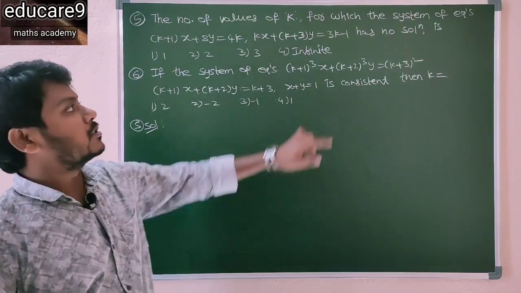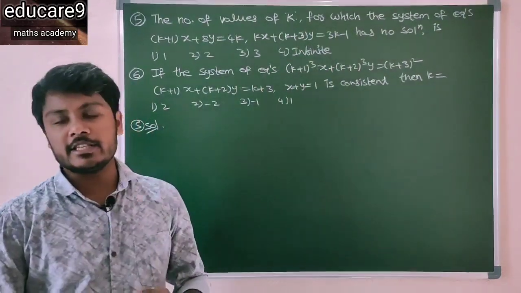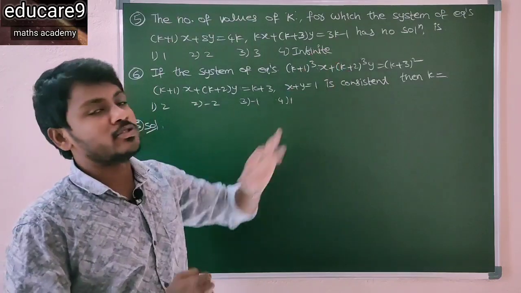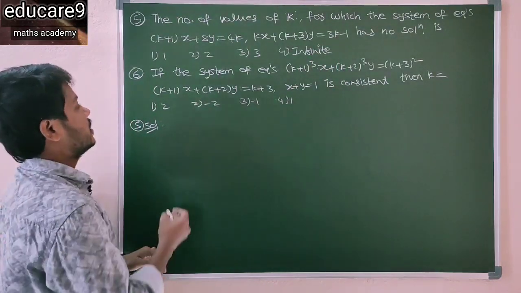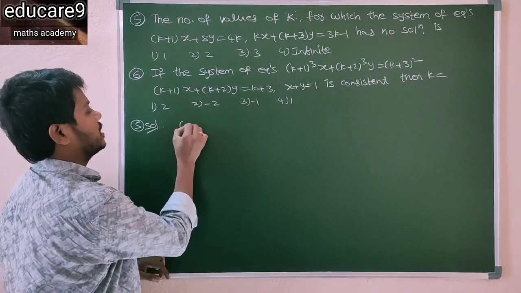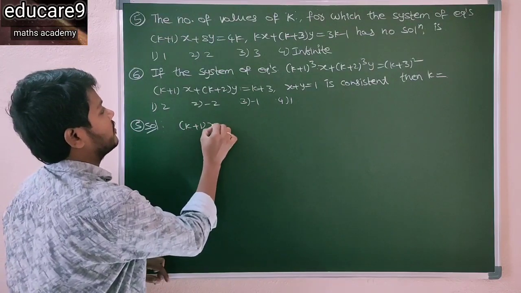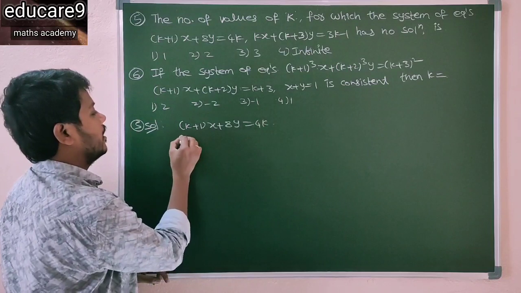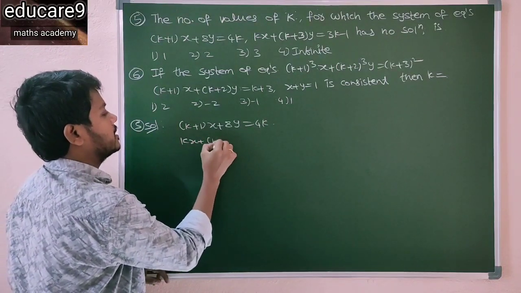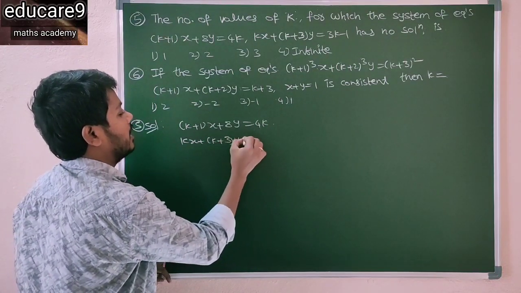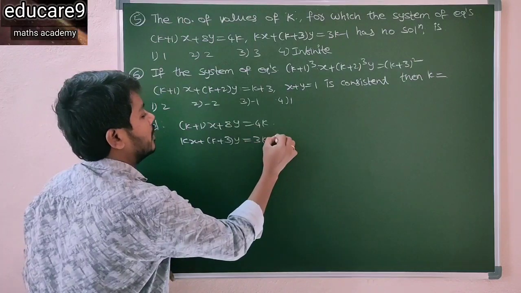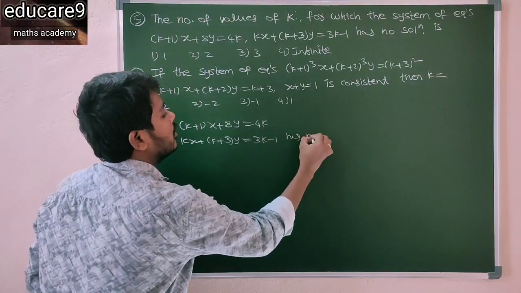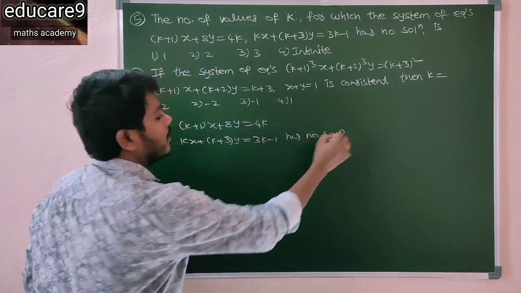The number of values of k for which the system of equations has no solution. See here, given system of equations (k+1)x + 8y = 4k, kx + (k+3)y = 3k - 1 has no solution.